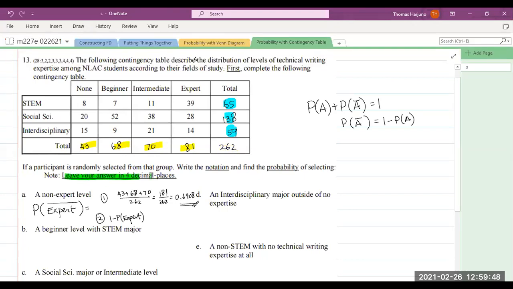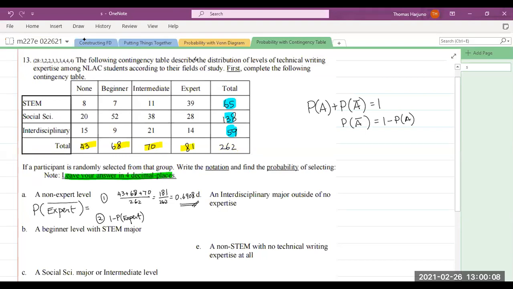Leave your answer in 4 decimal places. Now, part A, what is the probability of selecting a non-expert level? Means outside of expert. The notation is probability of expert with bar on the top.